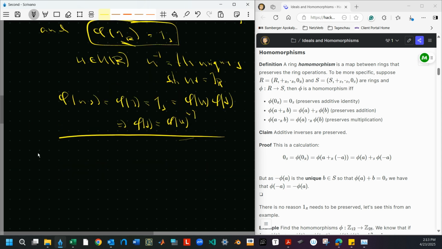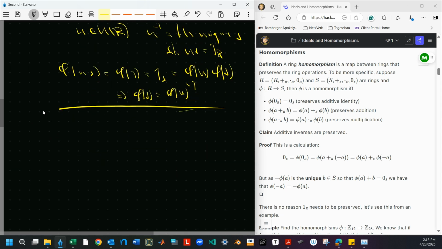One last thing is this. So it's definitely the case, and we're going to see an example. If phi going from R to S is a homomorphism, you know what, let me just introduce some notation so I don't have to keep writing this thing.